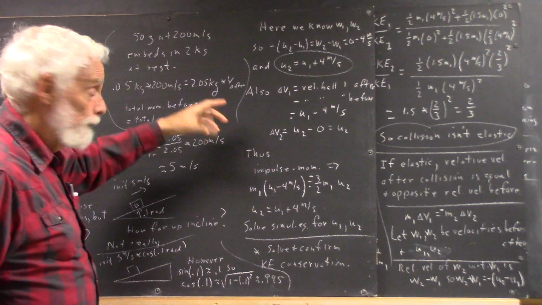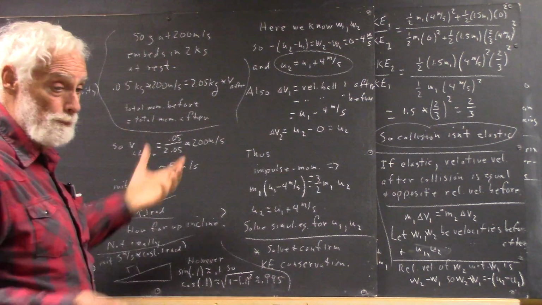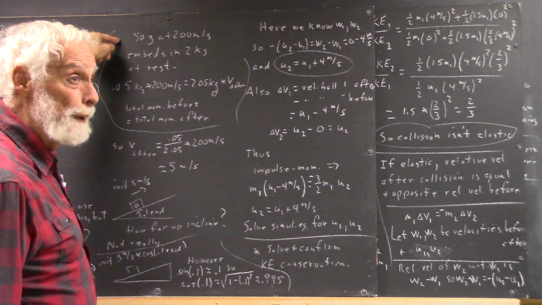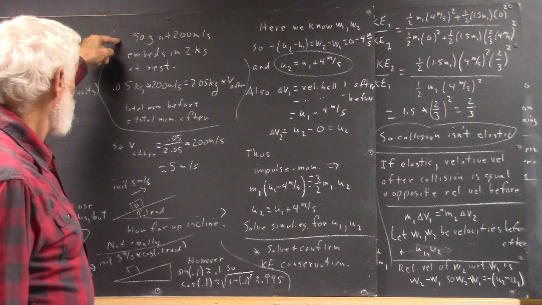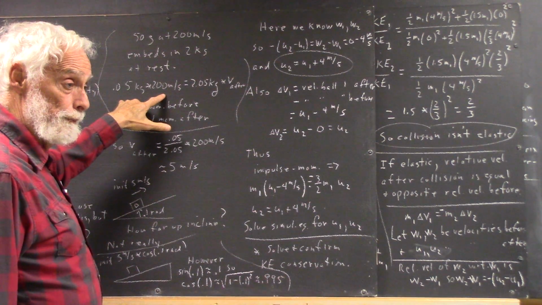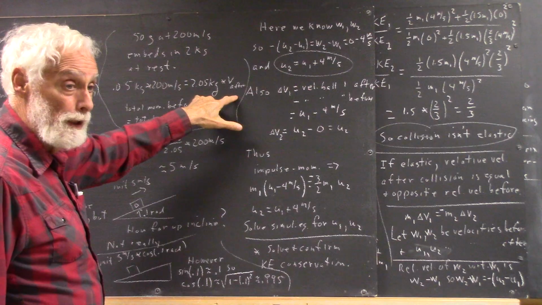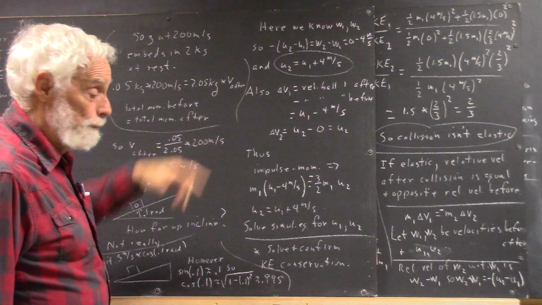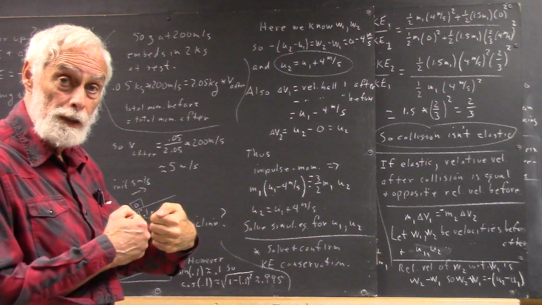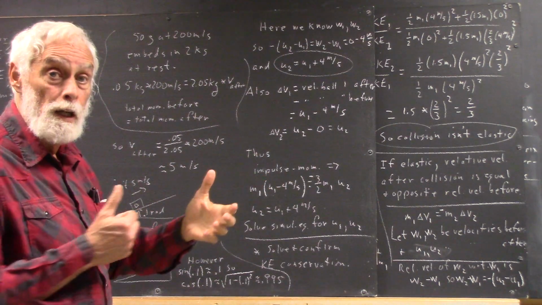Well, the velocity of the only thing that's moving, which is the block with the 50-gram bullet embedded in it. So the total momentum before collision has to equal the total momentum after collision, because the impulses are equal and opposite. They add up to zero. There's no net momentum change.